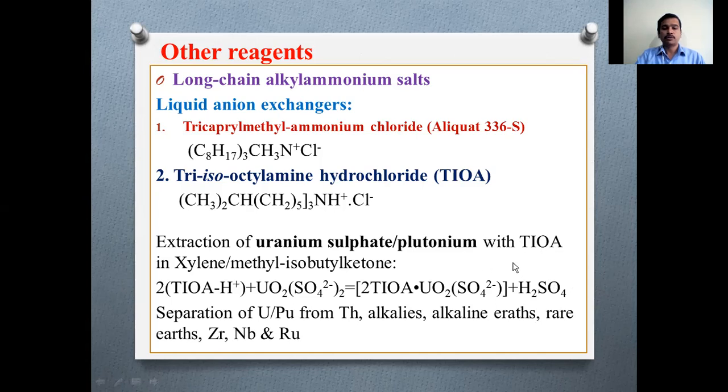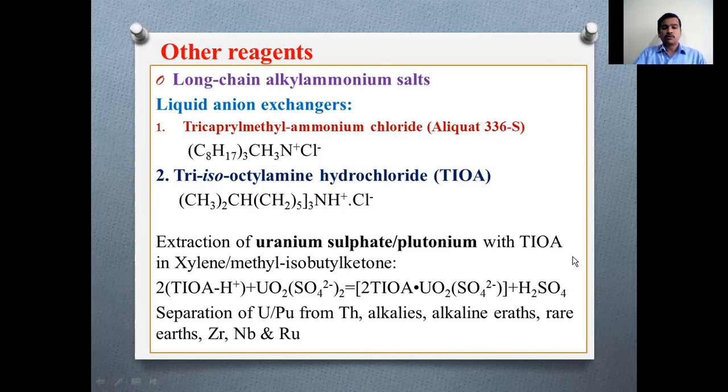Similarly, plutonium can also be extracted. This is only one example I am presenting here. Other than this, uranium or plutonium can be separated from thorium, alkalis, alkaline earths, rare earths, zirconium, niobium, and ruthenium.